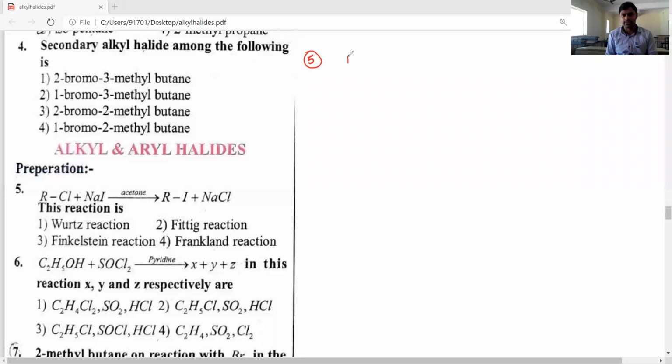See, alkyl halides RX, where X is chlorine or bromine, react with sodium iodide in the presence of acetone, which is a solvent. Then the product is RI, alkyl iodide, plus NaX, where X is chlorine or bromine, giving sodium chloride or sodium bromide. So what is the mechanism going on?